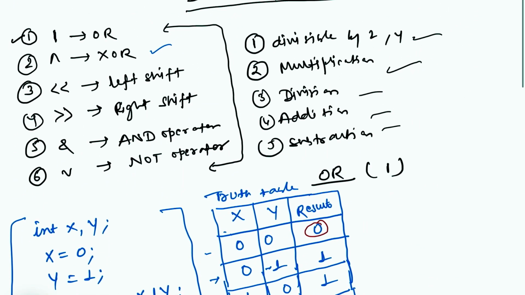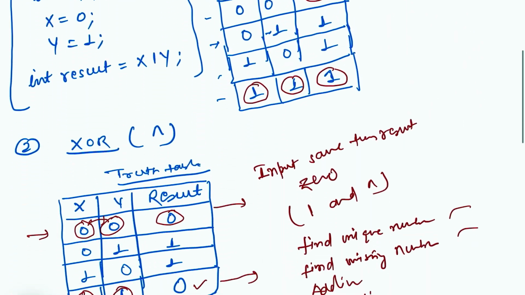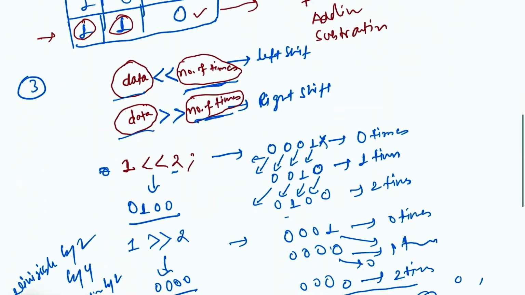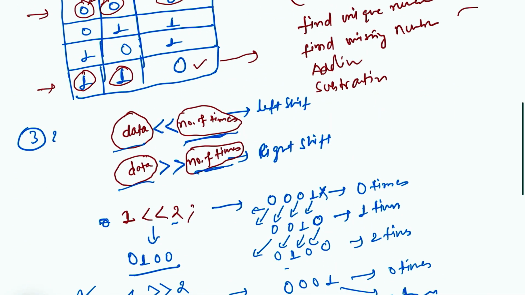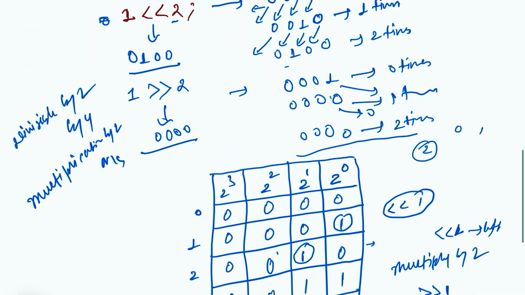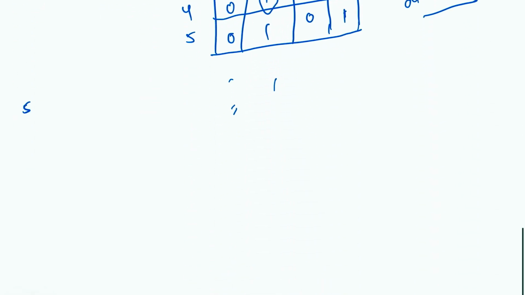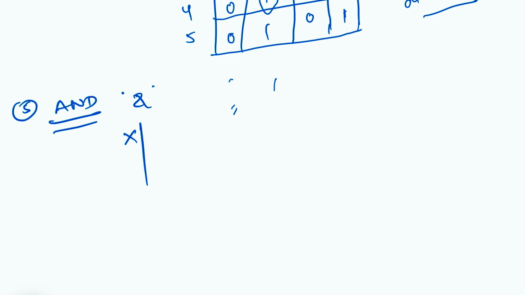Now we have covered the third and fourth operators. Now we have to cover the AND operation. Basically, in AND, what is the truth table like?